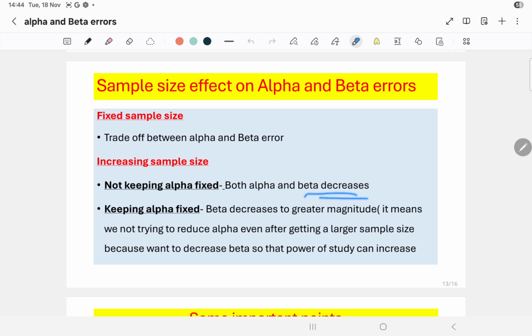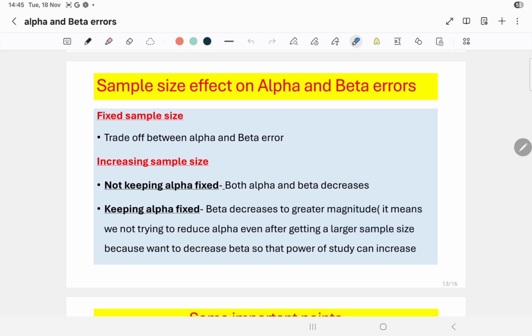We know that beta will decrease by increasing the sample size because of the increase in power. This is clear. But why will alpha decrease? Because increasing the sample size means that there are fewer chances of random variation.